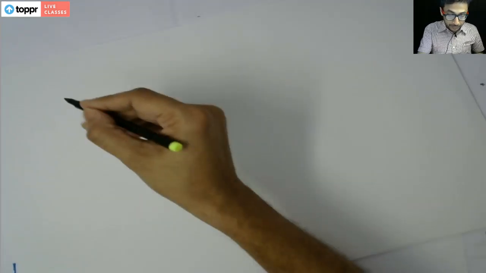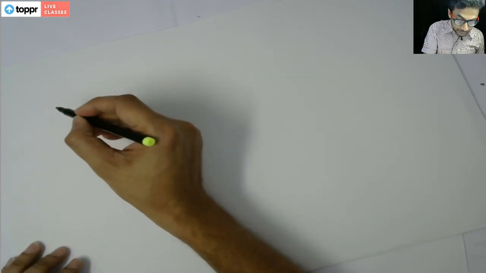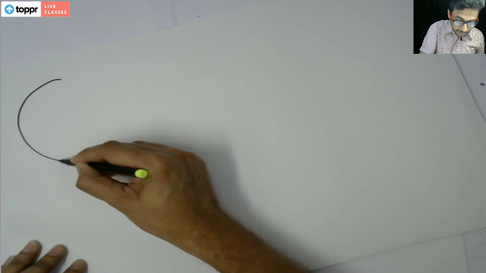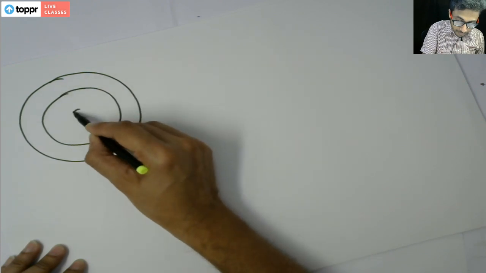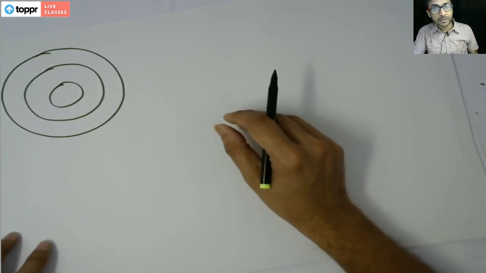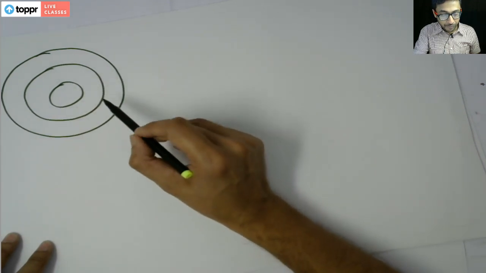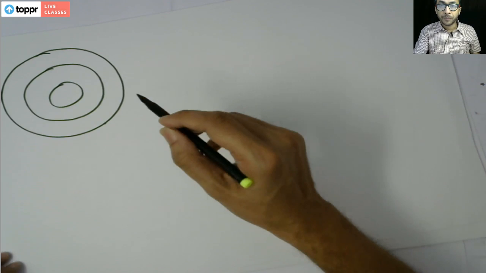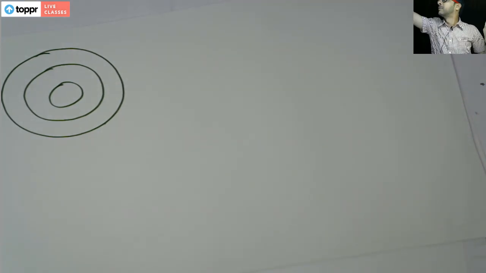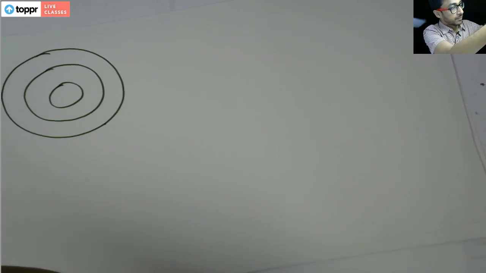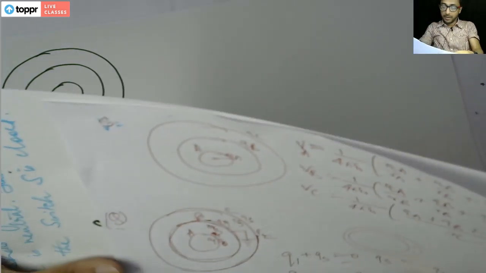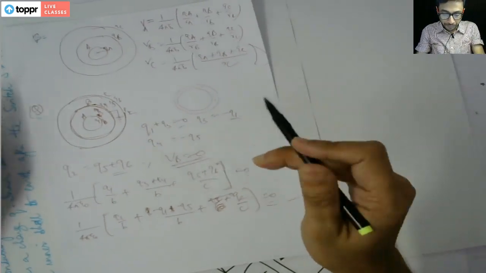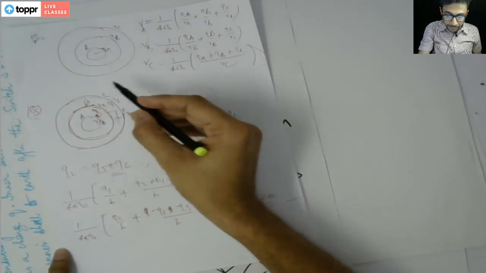Okay. Now, with the help of this Gauss's law, we will also try to see how we can distribute the charges. Let us see. Let us consider three concentric spheres, right? See, this is a very interesting problem.